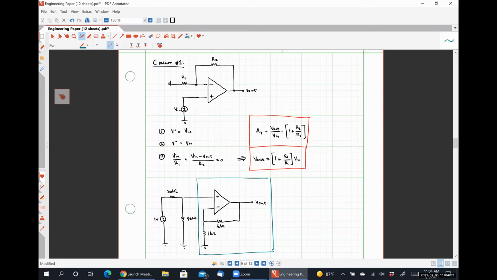Okay, it looks different, but if we pay attention here, there is a feedback resistor between the inverting input terminal and the output terminal. So 5 kilo ohms is effectively R2.